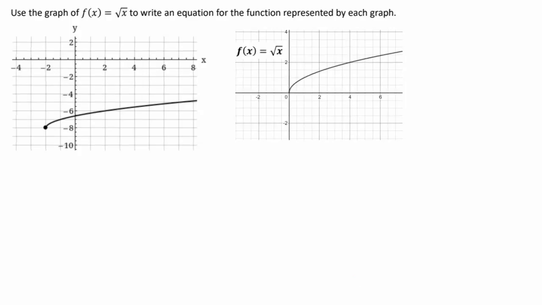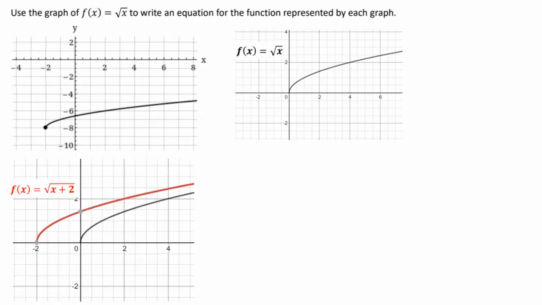And so this is where your transformations come into play. So I'm going to do it one step at a time. In order to make something move to the left, I'm going to have to add a number. And so I can see here in my graph that it was shifted 2 units to the left. And so I'm going to write it as square root of x plus 2. So now we can see that the graph was shifted over to the left.